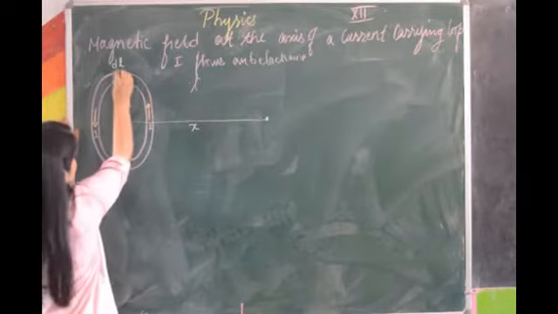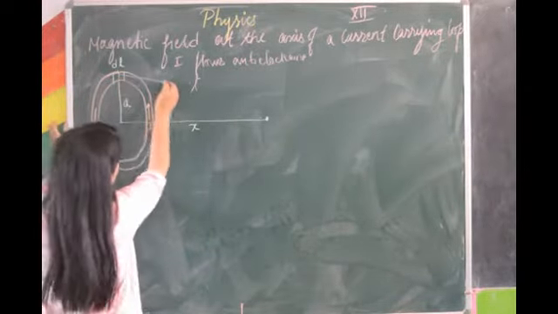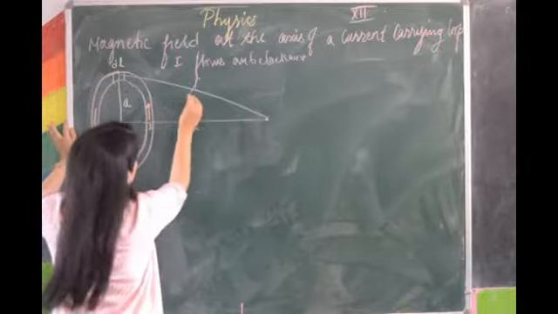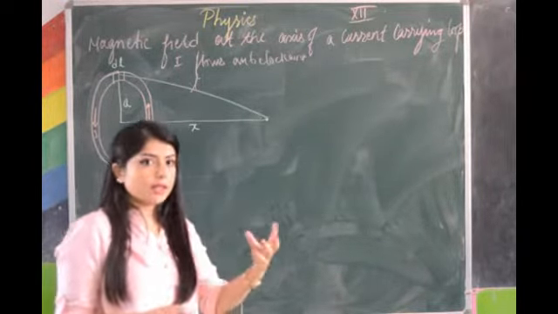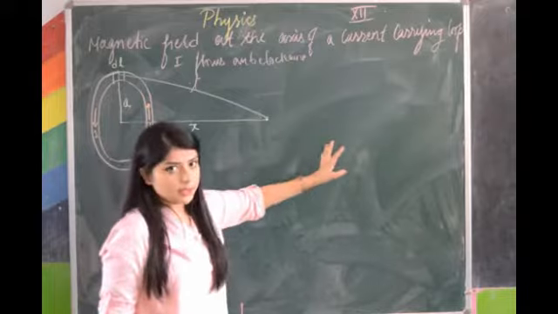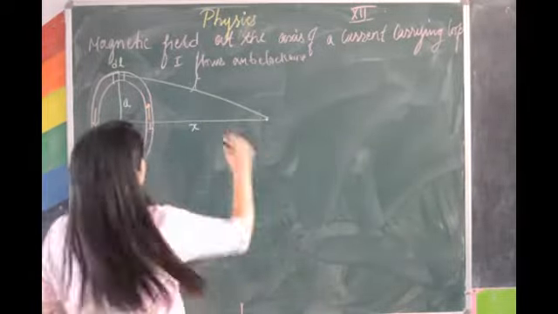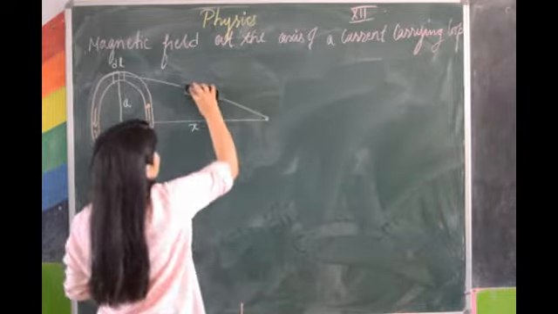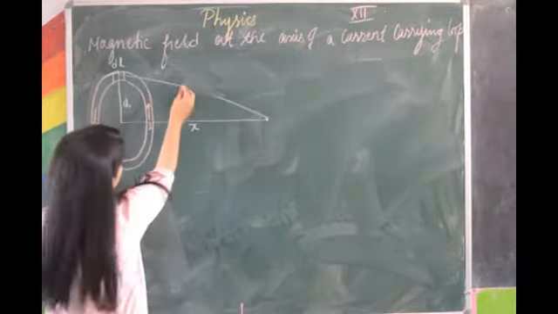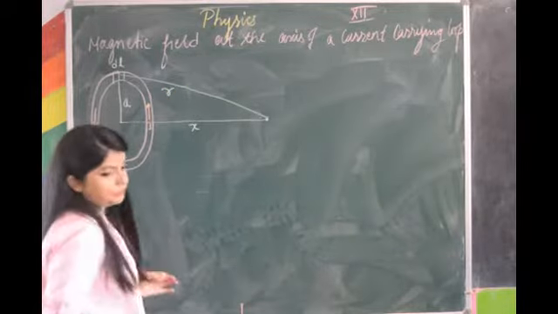The distance from this dl to P, between the point where the magnetic field is being generated and where it is being felt, we have to consider to be R. This distance is R.